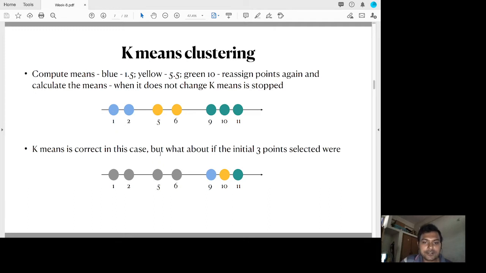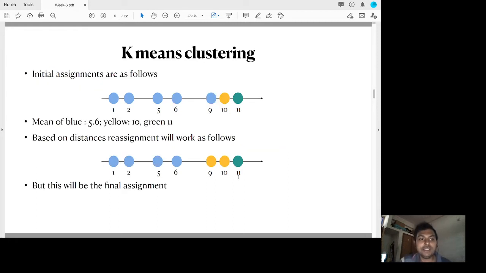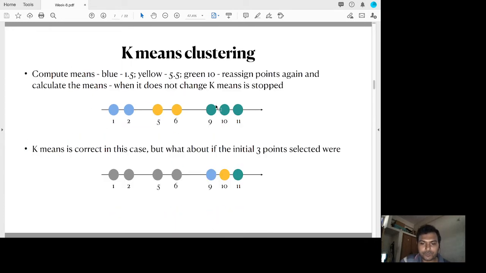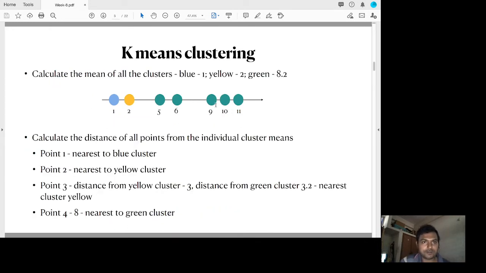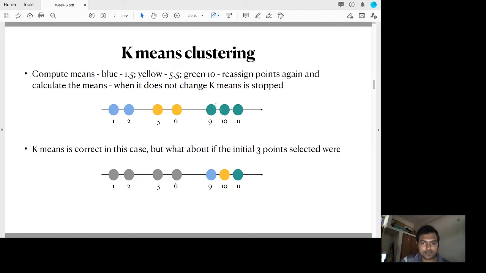Let's say k-means was correct in the case that I have already shown, but what if the initial 3 points selected were 9, 10 and 11? This might have been a very possible selection. I had selected the first 3 points before, now I have selected the last 3 points. This is quite possible in a random world. So the initial assignments will be as follows.